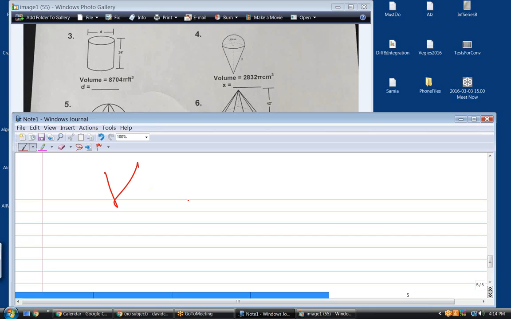What's the volume of the cone? Pi r squared plus pi r slant L, I guess. Well, the volume of a cone is 1/3 the area of the base, pi r squared, times the height. So that's the volume of the cone, the lower part.